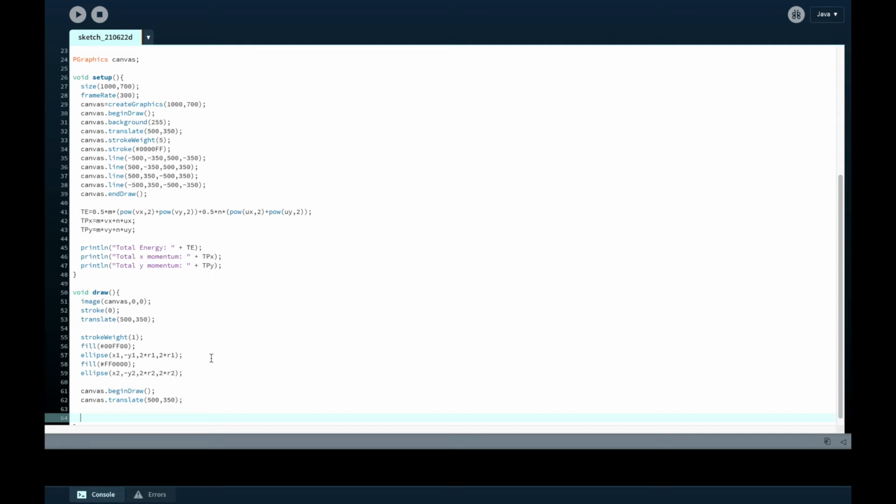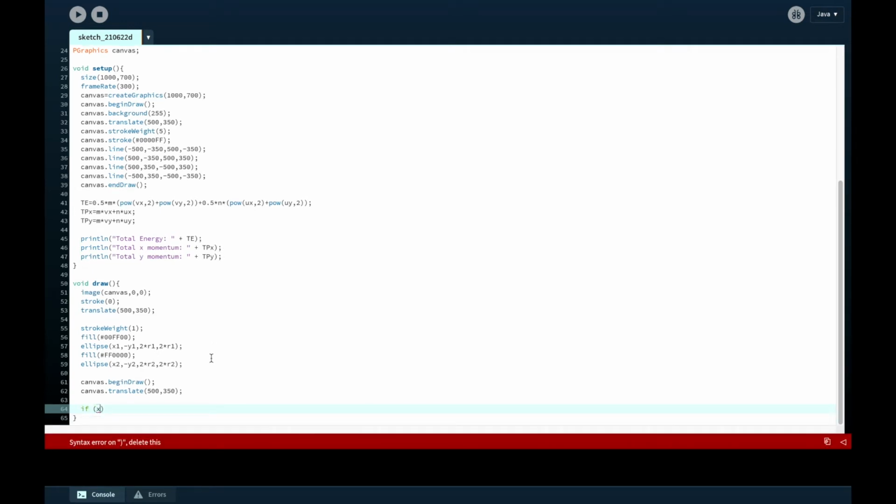So we have if the x position of the first object goes through the right wall, which is going to be 500 minus r1 because it has a radius of r1.